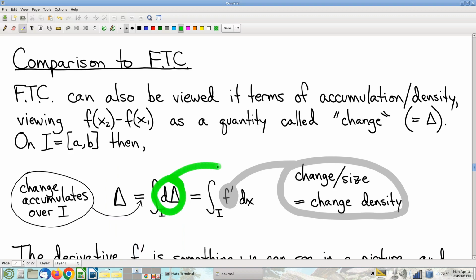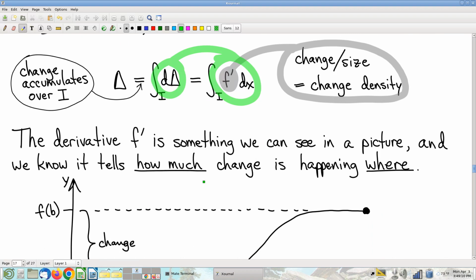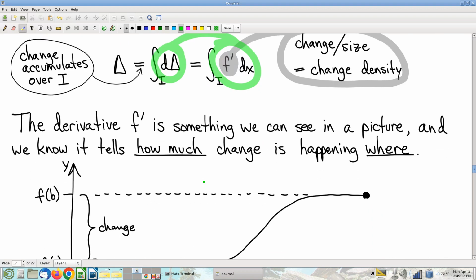Next, there is a natural relationship between output change and dx, which I'm going to think of as input change in a way. Right? And here is the way you can think about this relationship. The thing that you multiply by input change to get output change, which of course we know is the derivative.